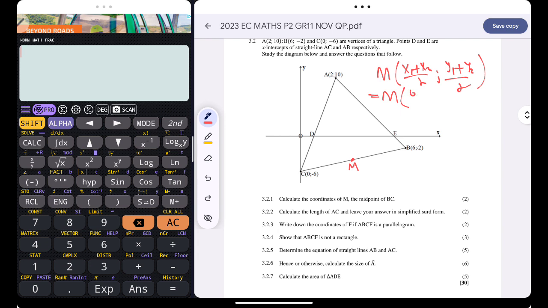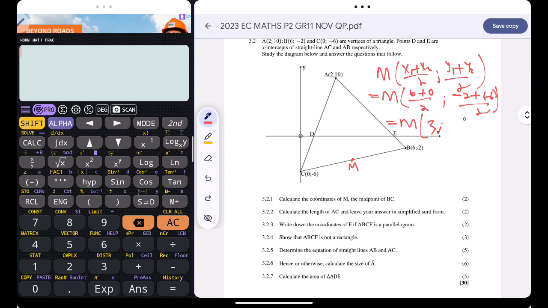So this thing is just x value at B plus the x value at C all over 2, and then the y value at B plus the y value at C all over 2. Then the coordinates of M are 3 and negative 4.